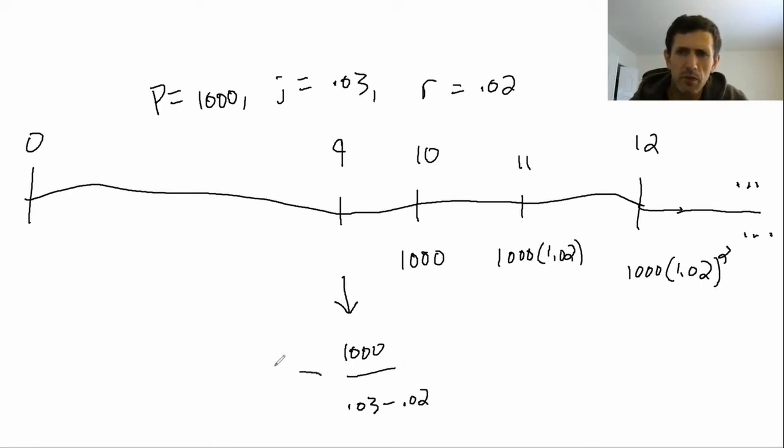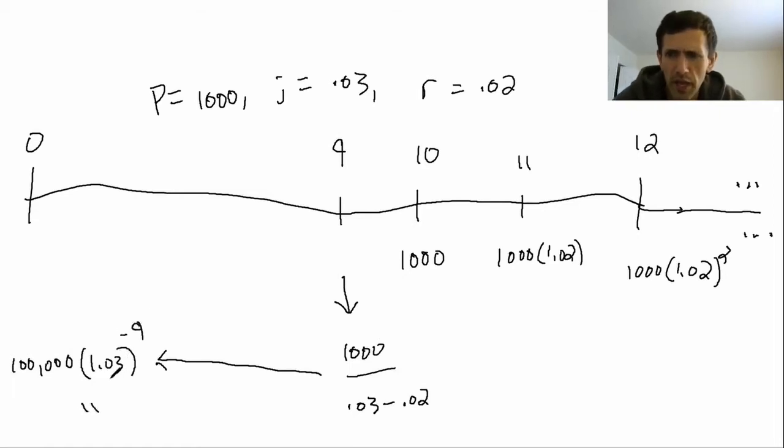Okay, but we need to discount this by 9 years. That's 100,000 times 1.03 to the minus 9. And let's see what that gives me. So I'll do 1.03 to the 9 minus, times 100,000.